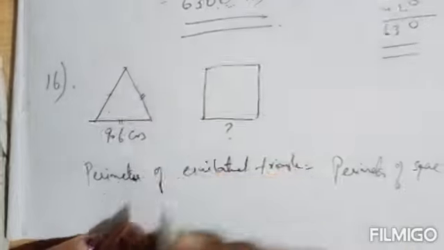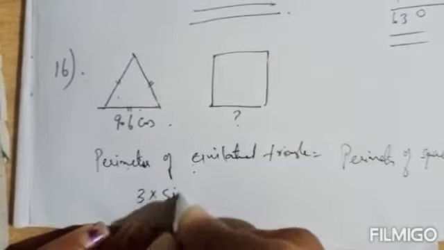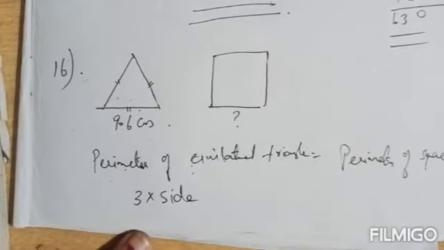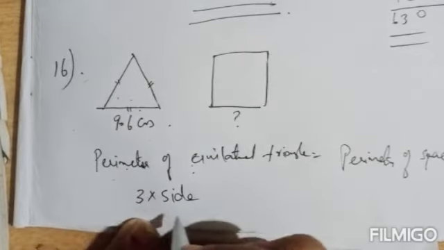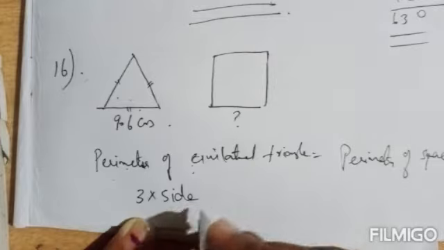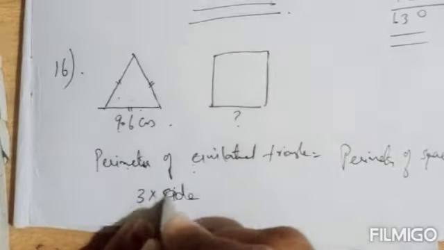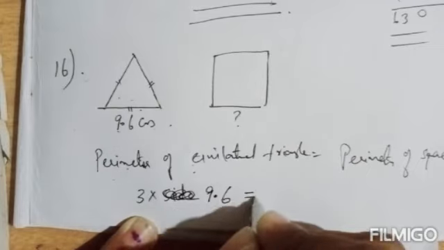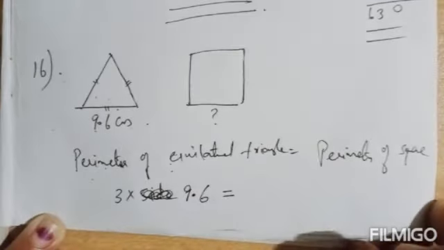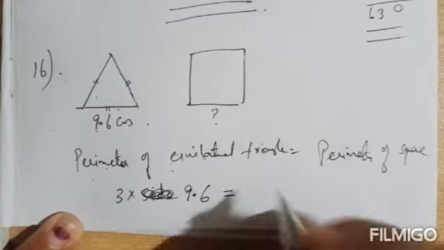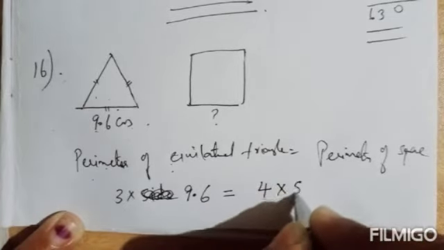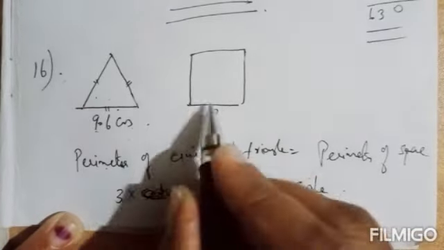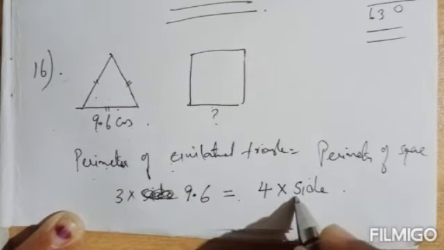We know the formula: 3 into side. It is given 9.6 centimeter, so we can write 3 into 9.6 equal to perimeter of square. What is the formula? It is 4 into side of the square. This side we need to find.